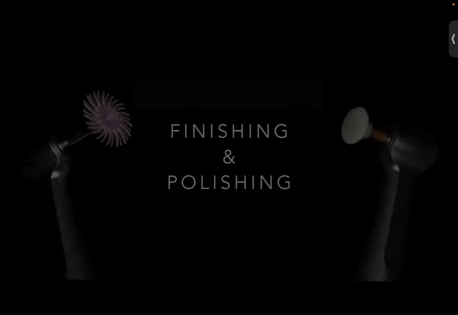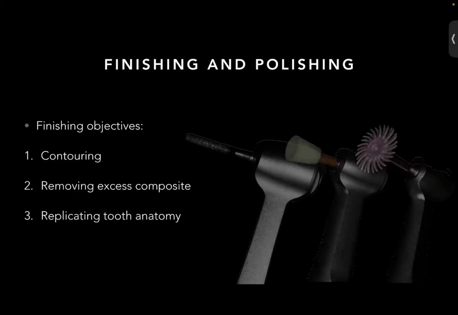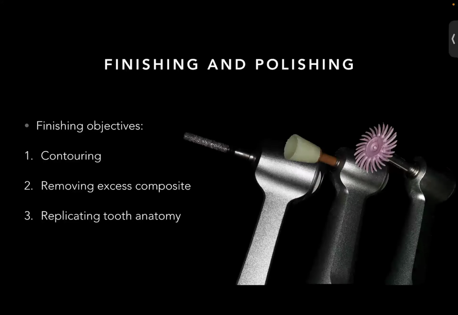Let's go ahead and understand finishing and polishing, the step where it all comes down to whether your restoration is going to look good or not. A lot of times these two terms are used synonymously, but finishing and polishing have two different objectives.